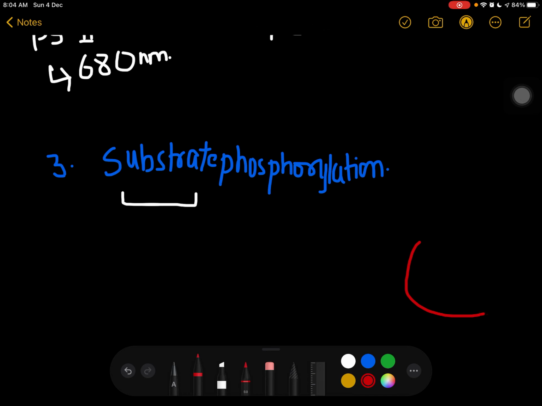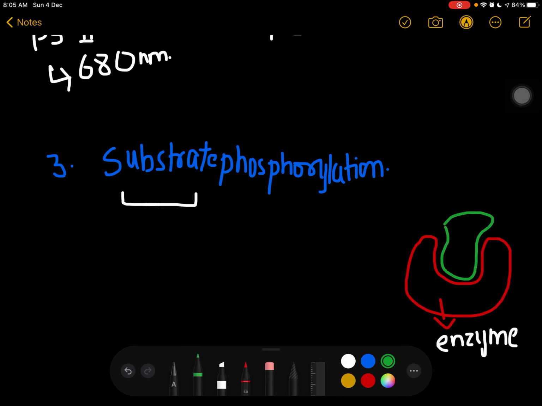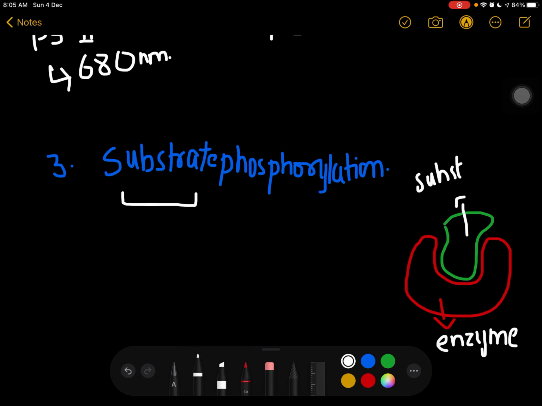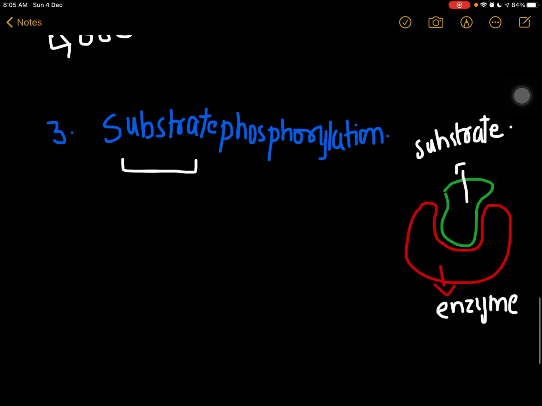Consider like this is an enzyme, right? Over here something is attached to it, the reactant is attached to this, so that reactant is known as substrate, right? So it means now the phosphate that will be joined to ADP to form ATP will come from substrate.